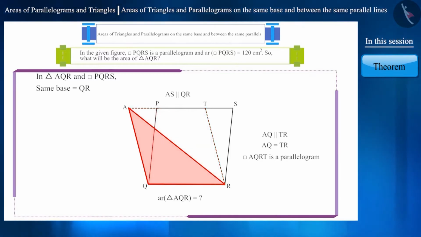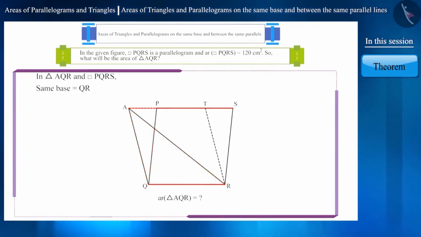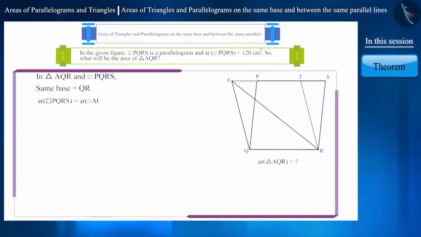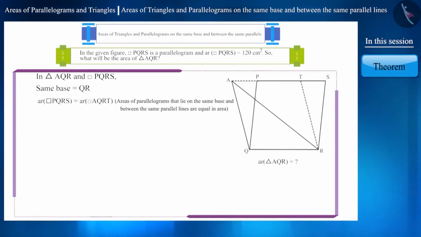We know that because quadrilateral AQRT and quadrilateral PQRS are both parallelograms that lie on the same base QR, and between the same parallel lines AS and QR, their areas will also be equal. That is, the area of quadrilateral AQRT will also be 120 square centimeter.